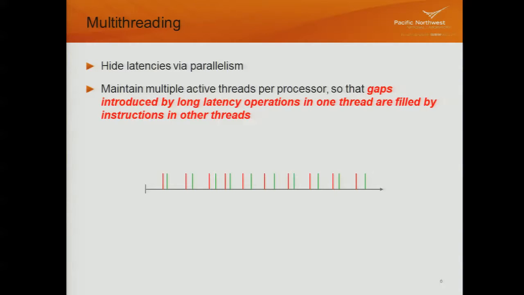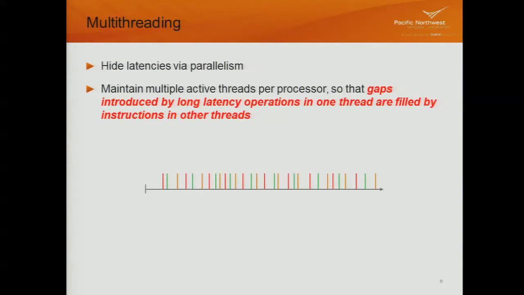So this is the way a typical single core processor would work. You can see that here I've executed about 10 instructions in the time from the start to the end of the black arrow. So my utilization is whatever this length is divided by 10. So it's not too much.